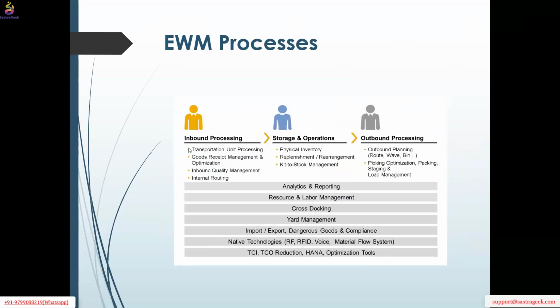So when we are receiving goods into your warehouse, how effectively are we receiving them? That means with the help of your transport unit vehicle, or how effectively you are managing your goods receipt management, and when you have any products with quality management, all these things would be required when we are taking care of inbound operations.